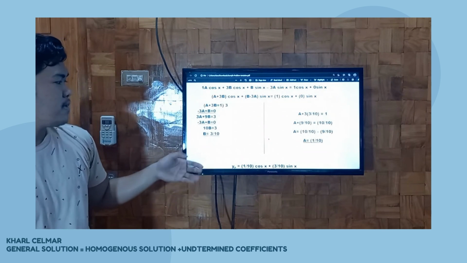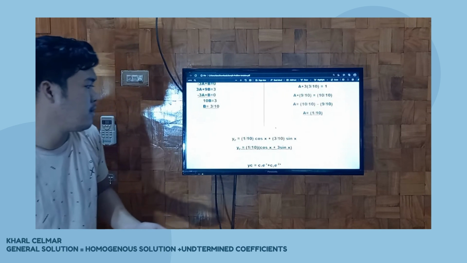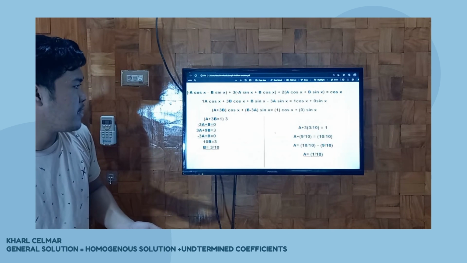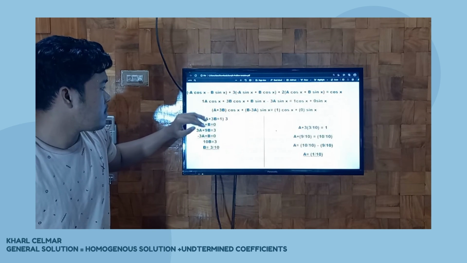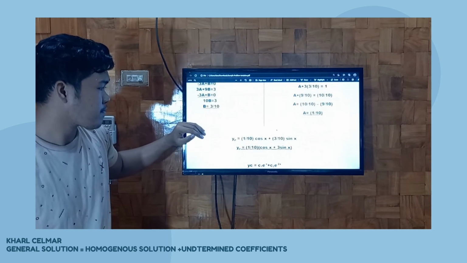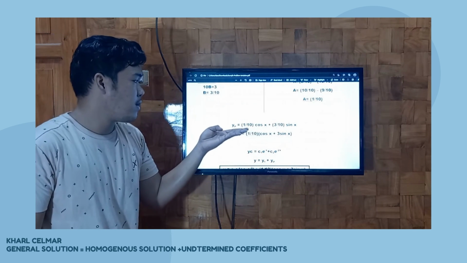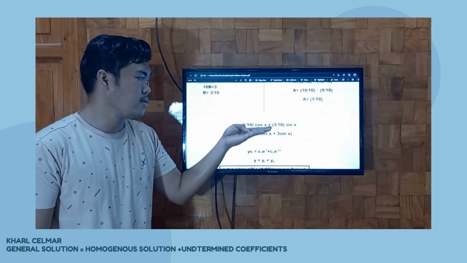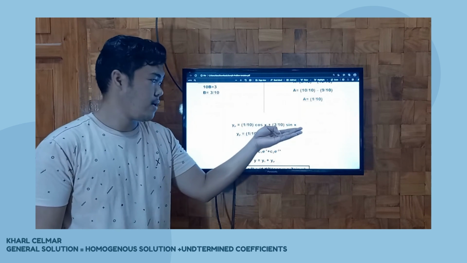So now since we have the values of a and b, we can now substitute them in the solution here. Sorry. So now we have this. So y sub p is equal to 1 over 10 cosine x plus 3 over 10 sine x.